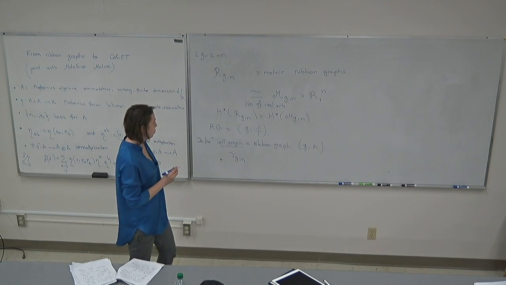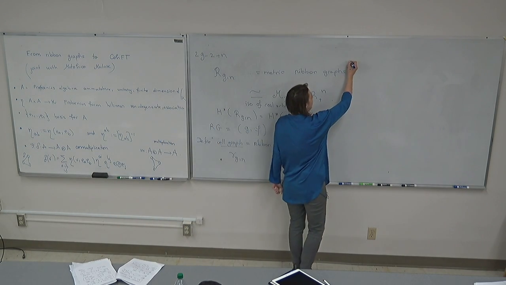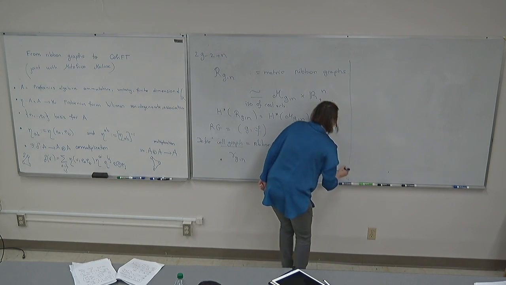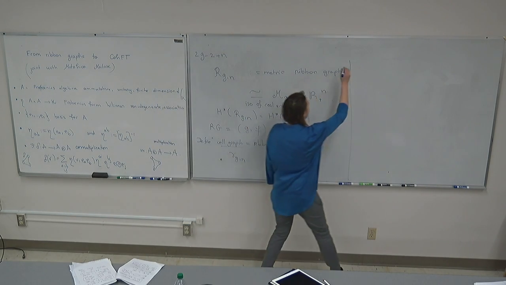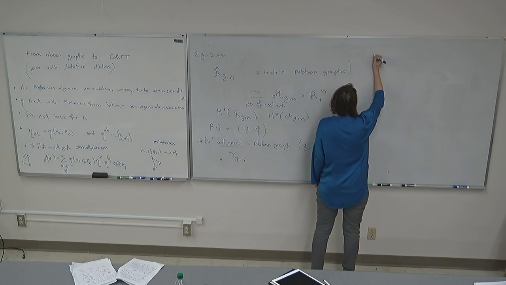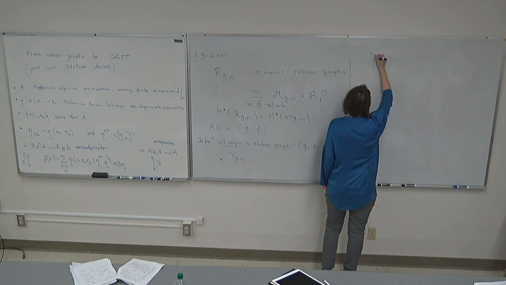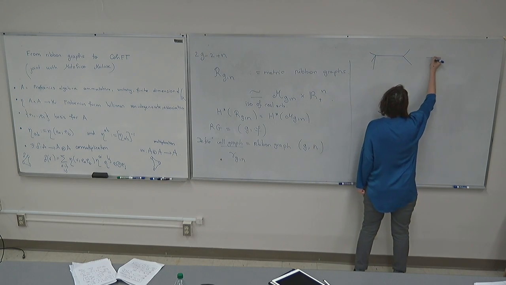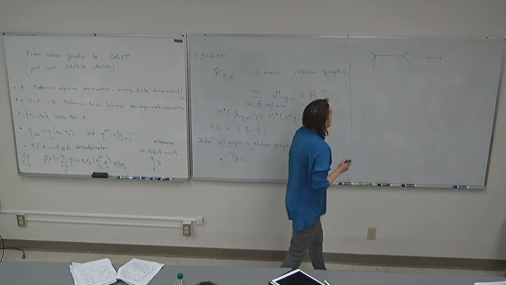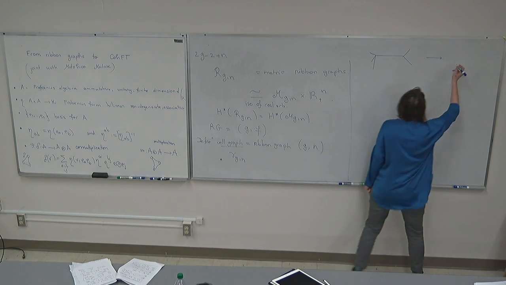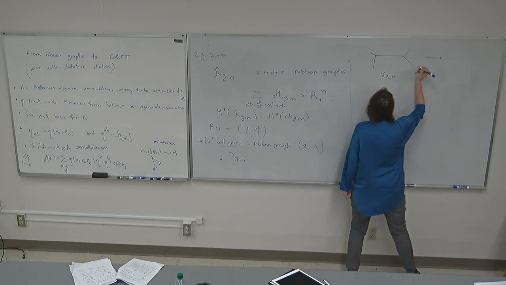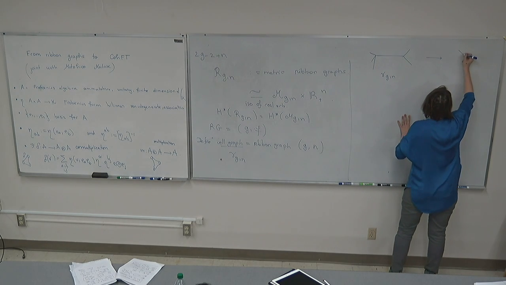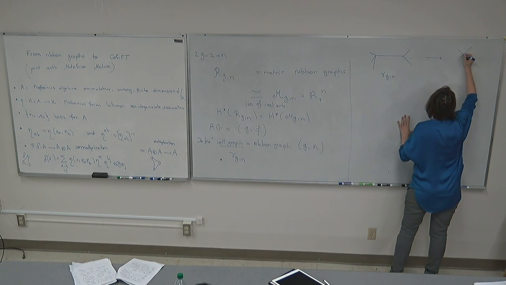Now I want to define the two-dimensional topological quantum field theories. There is an operation that I can construct on these cell graphs. I take a cell graph of the type g,n, and I can contract one edge, and I get something like this.